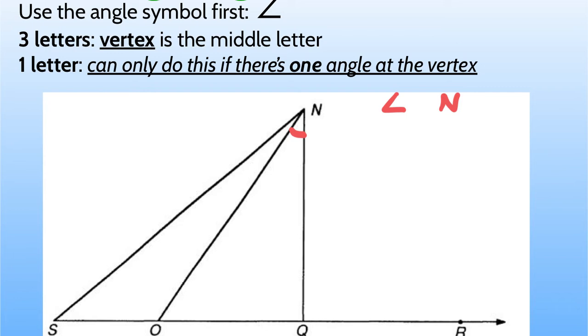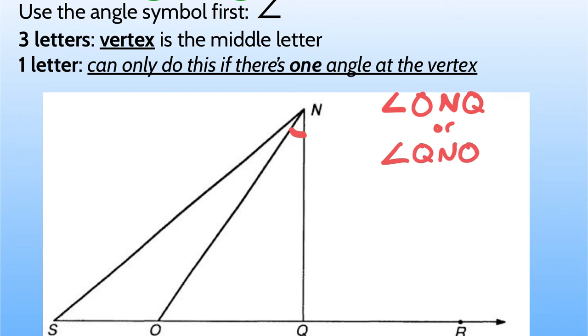The angle goes down here to O, and down here to Q. So the angle is in between O and Q, and it's centered at N. So you can just call it angle ONQ. Or you could also call it angle QNO.